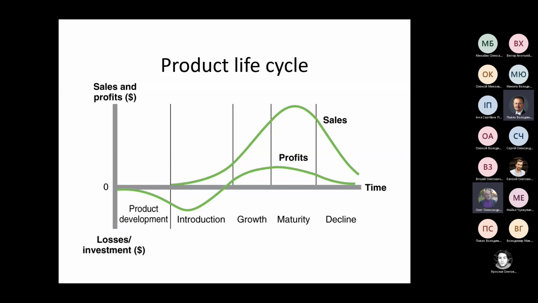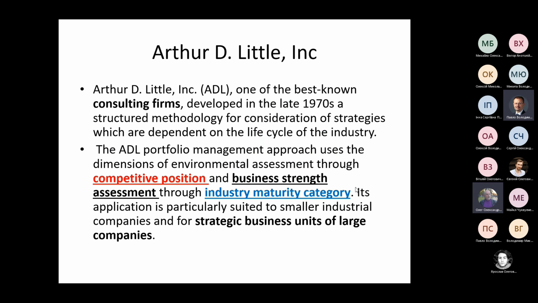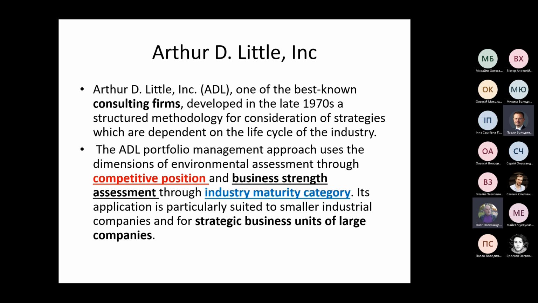I mean, not the instrument, but the vision of the life cycle. And they decided to use the same dimensions: the competitive position of every strategical business unit, and industry maturity category.